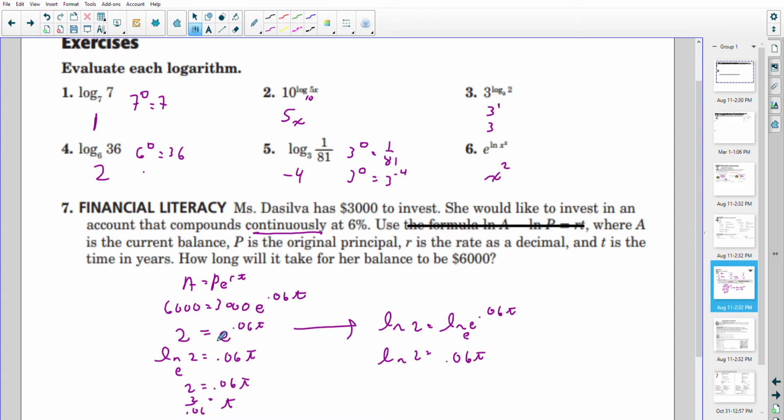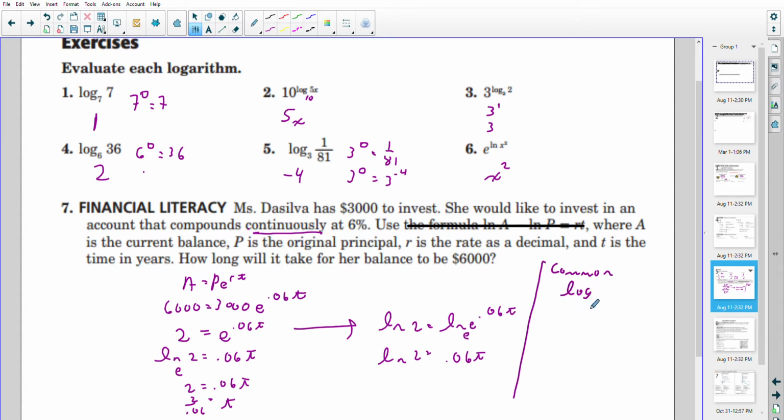So you could change it around by the property, or you could take the ln of both sides and then do the division.